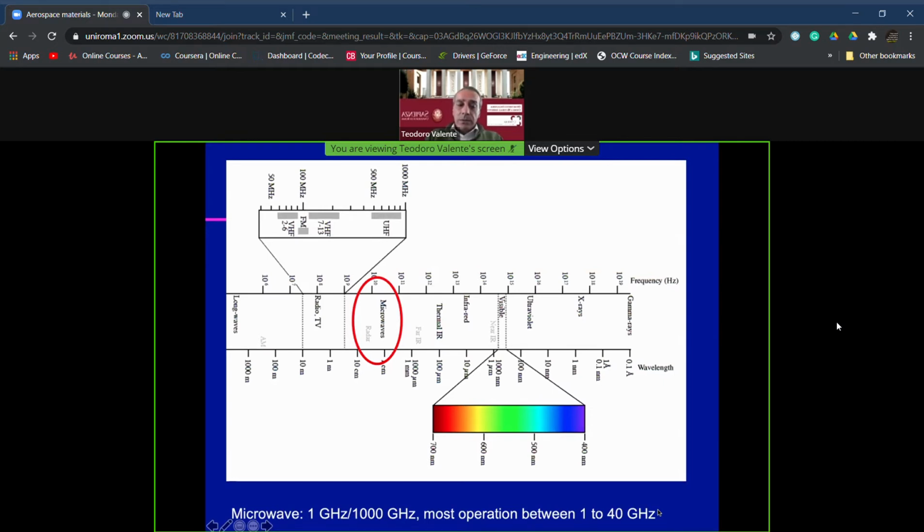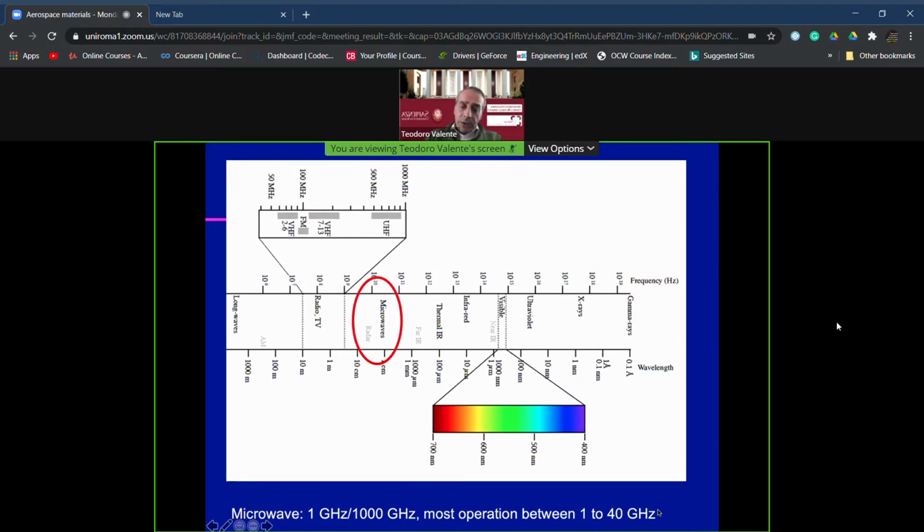It covers more or less the range of frequency from 1 to 1,000 gigahertz as a whole field, but most operating radars are placed inside the range from 1 to 40 gigahertz. That is inside the microwave range.